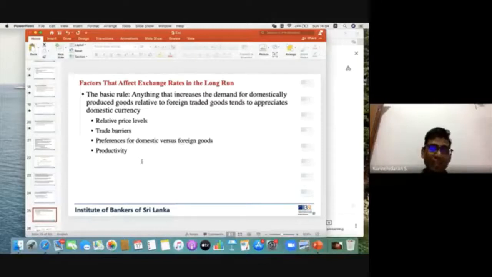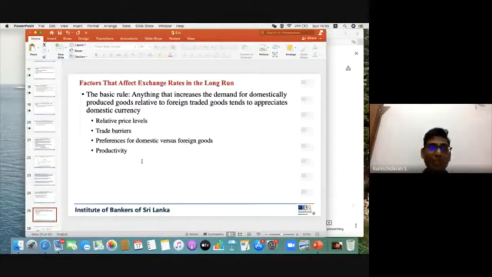Due to these factors, if domestically produced goods are demanded more, let's assume within Sri Lanka we produce goods. If the demand for those goods increases relative to foreign traded goods, let's assume the foreign goods are also there, and domestically produced goods are also there.